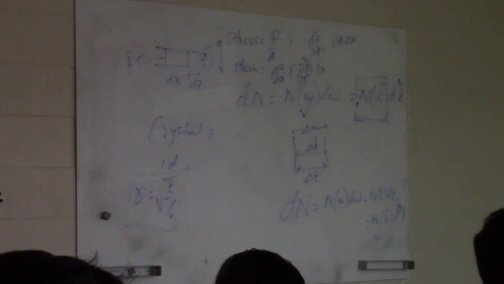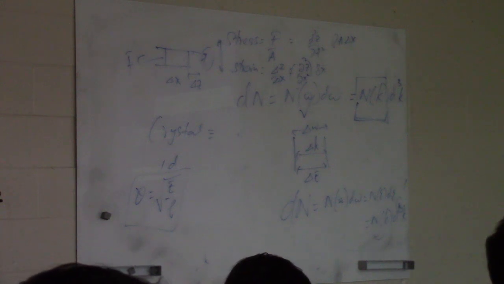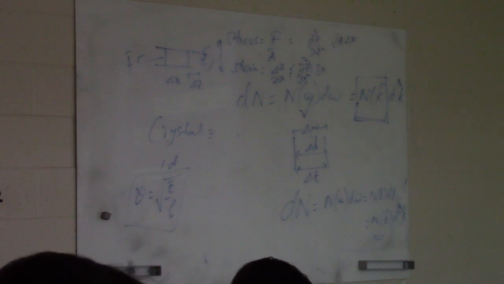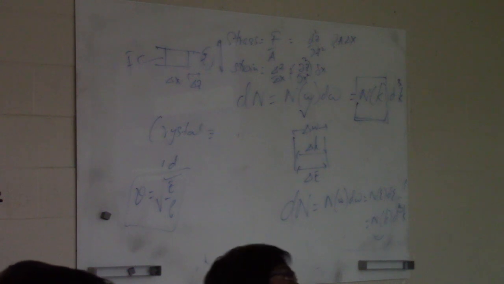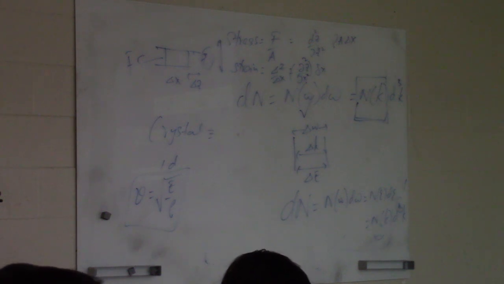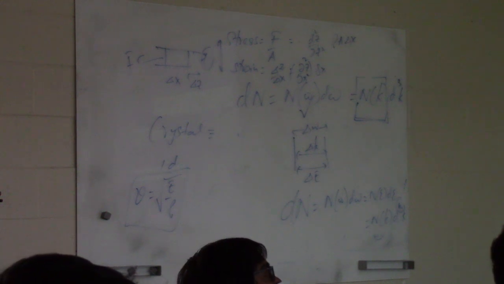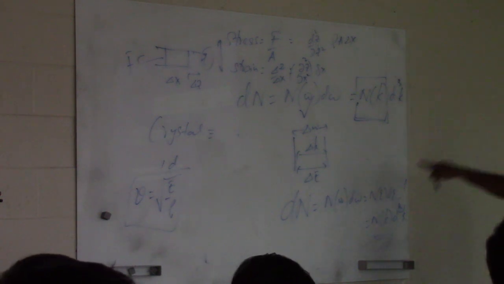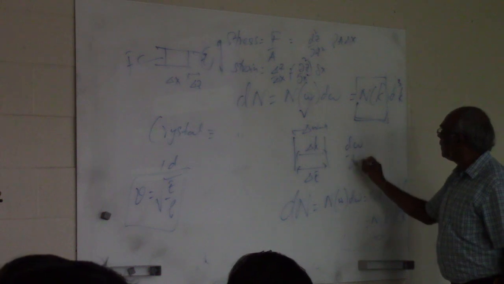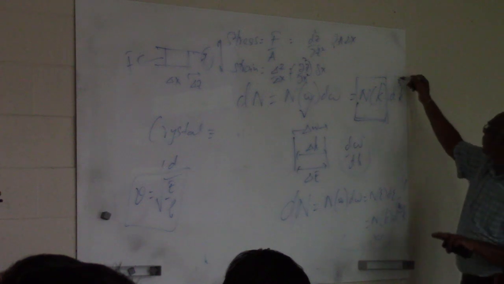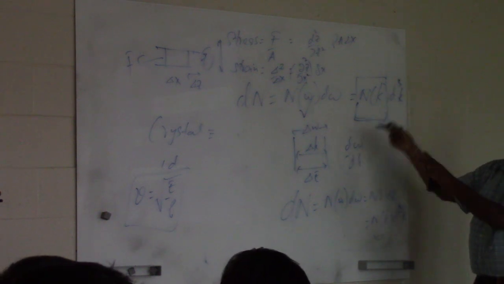So now what is this d cubed k if you want to do it for an entire sphere? In three dimensions you have a total sphere, so volume means area times dk, because eventually we need to get d omega over dk. In three dimensions you have area in k space times dk.